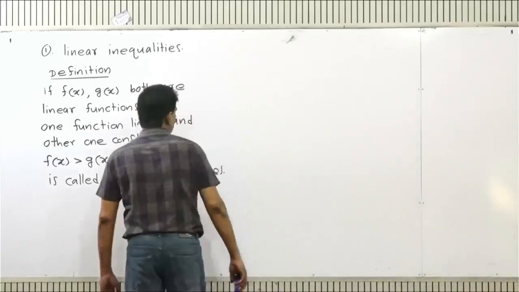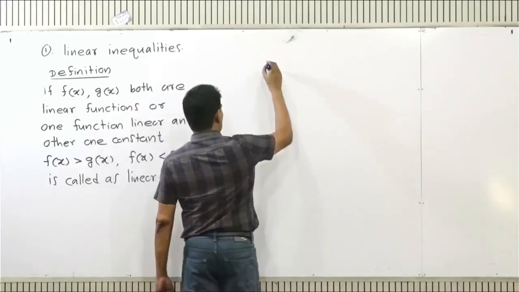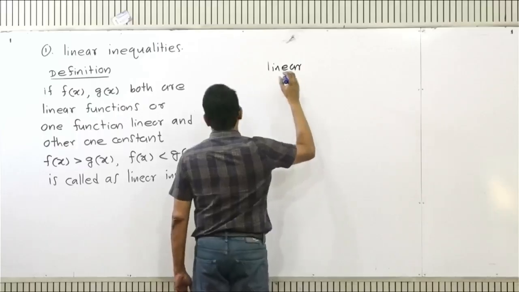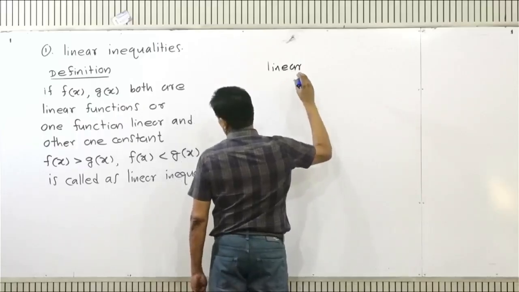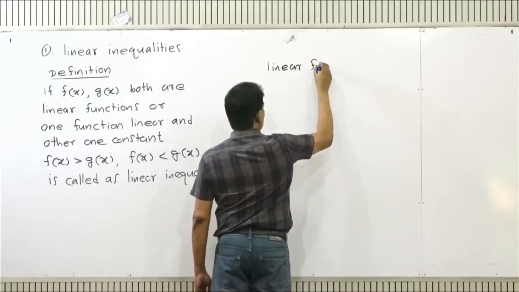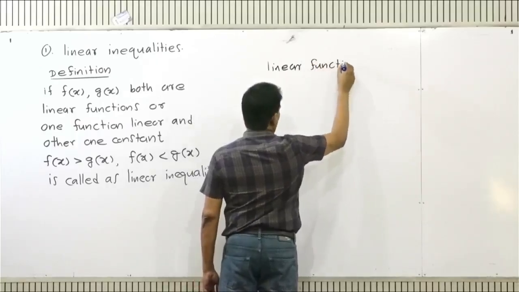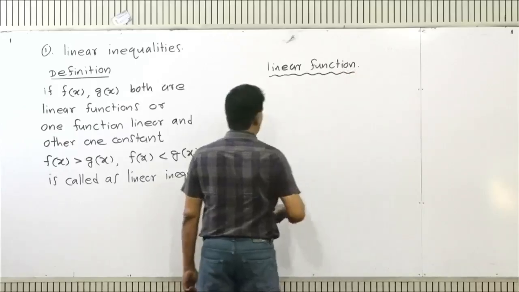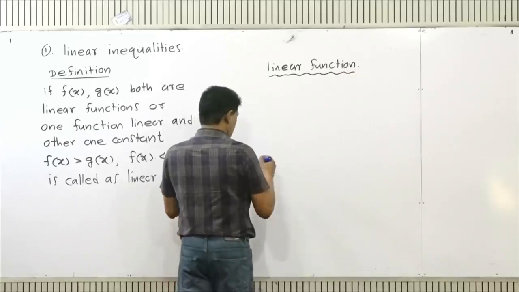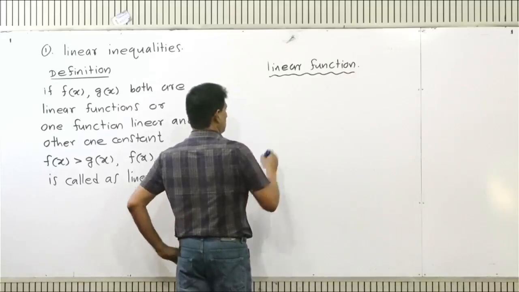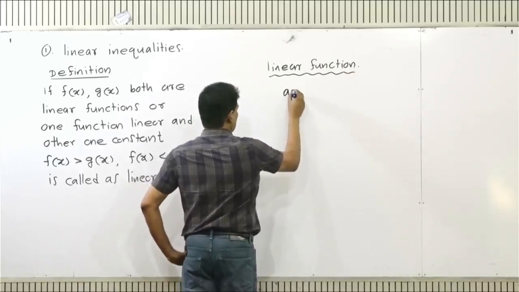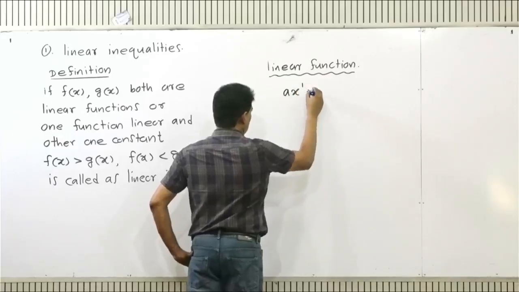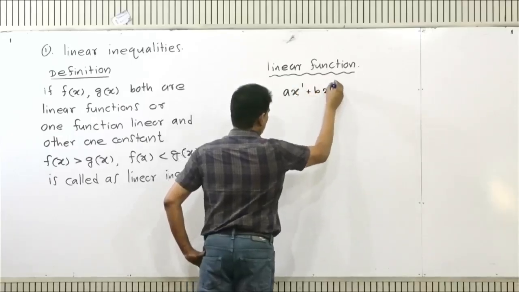Then first I give some explanation about linear functions. The general form of a linear function is a into x to the power 1 plus b into x to the power 0.